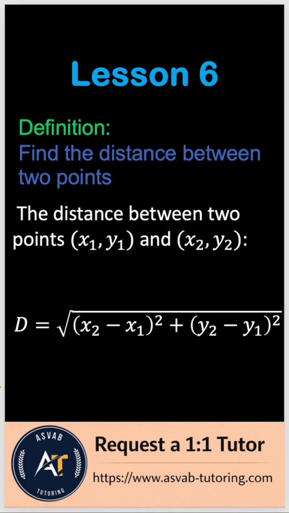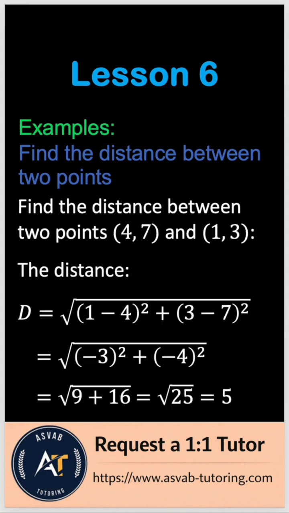The distance between 2 points (x1, y1) and (x2, y2) is d equals the square root of (x2 minus x1) whole squared plus (y2 minus y1) whole squared. So here we have an example problem, which is find the distance between 2 points (4, 7) and (1, 3).